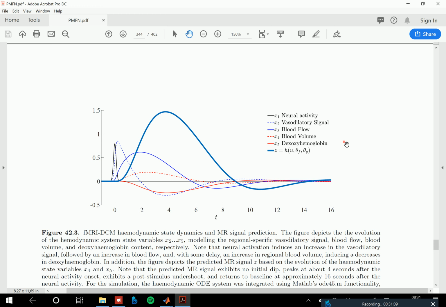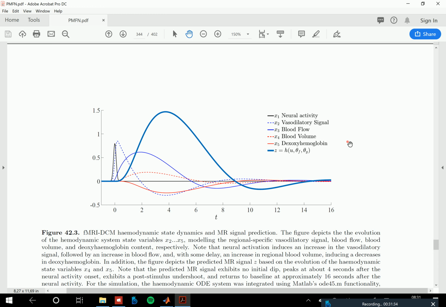So the question is always, does DCM for fMRI, as it's done in SPM, estimate the hemodynamic parameters for each region so that you have different hemodynamic parameters, or does it use fixed parameters, or does it fit the parameters over regions, taking an average over regions?